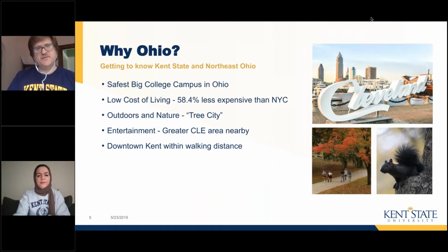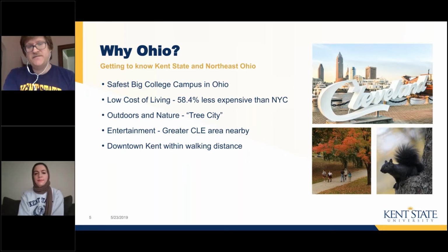So this is just to give you an idea of where we are located in the United States. Kent State is located in Ohio, which is the state we're in. In the US, we call the region of our area the Midwest. So the general idea of the area is that it's a very safe area, very affordable area of the country, especially when you compare us to the coast, so the East Coast or the West Coast and some of the bigger cities.